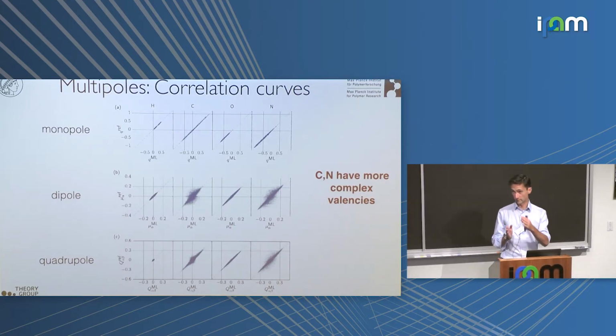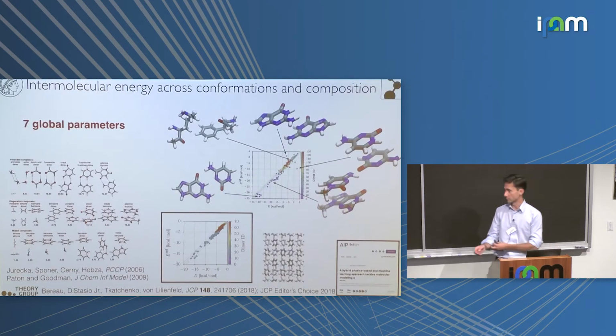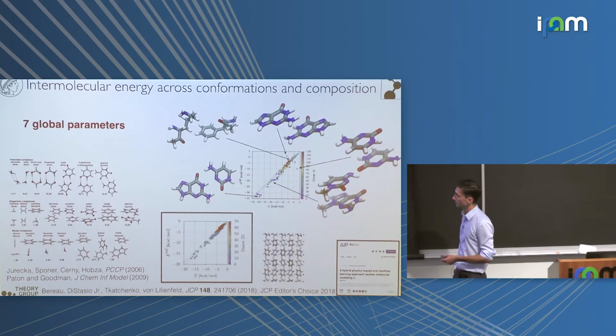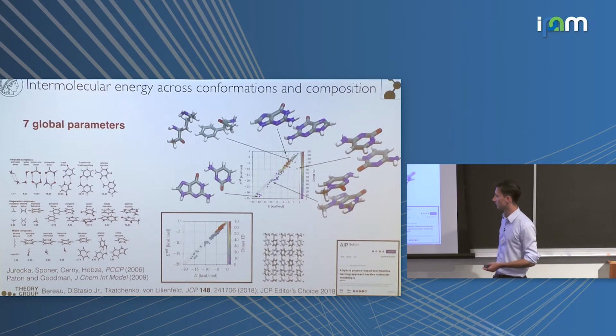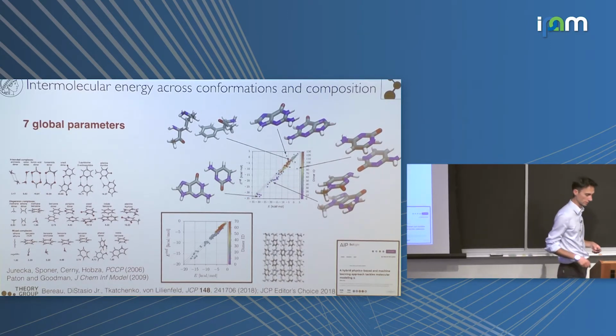There are of course a few outliers where we could do better, but for a large number of geometries and compounds, it works very well. What that means is that we can apply it to a large number of molecules and make predictions for intermolecular energies, and then we get very nice correlation with coupled cluster data.